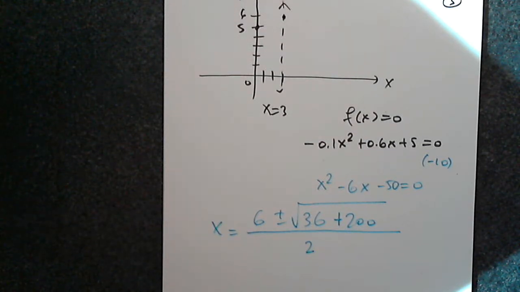Let's approximate with a graphing calculator. If you have the answer, let me know. I'm looking for my calculator here. Here it is. So when you put it in the graphing calculator, be very careful to put parentheses around the numerator.